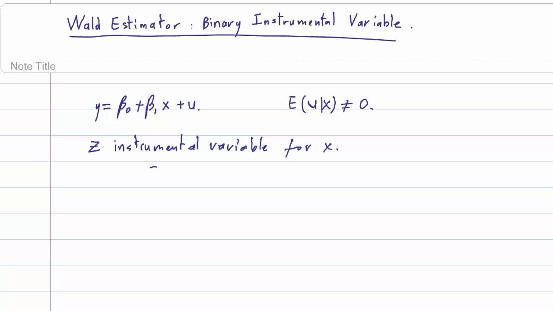So Z is either 0 or 1. And the covariance between Z and X is different from 0, and the covariance between Z and U should be 0. That's the definition of an instrument.